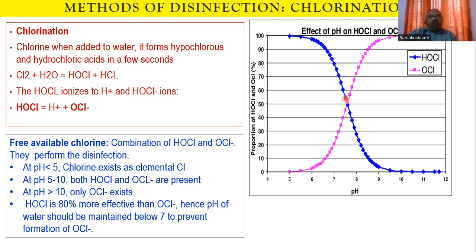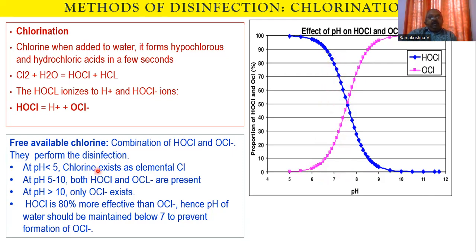And what is more important is that HOCl is more effective than OCl minus. So to get more efficiency, we try to keep the pH in the range of 6 to 7 or 6 to 7.5, where more HOCl is available.